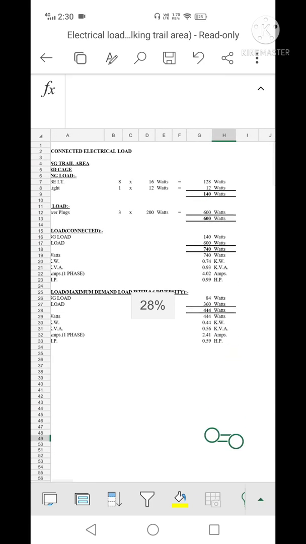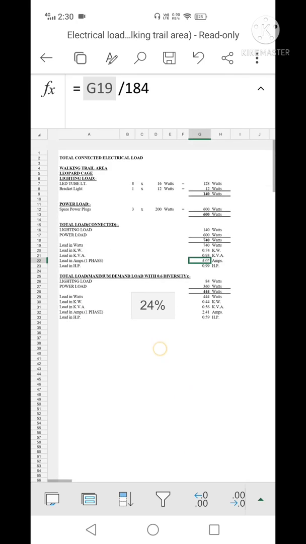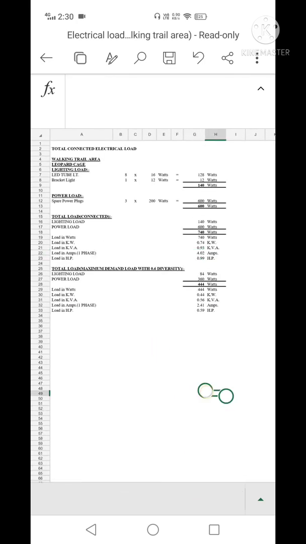For that, we have to divide the entire value by 184. It's a constant, you don't have to think much. It's a common practice that we use 180 to get the per phase ampere for single phase.